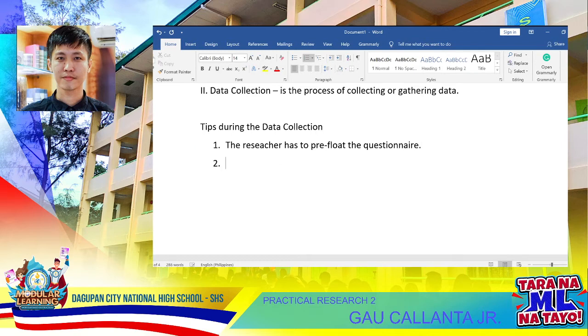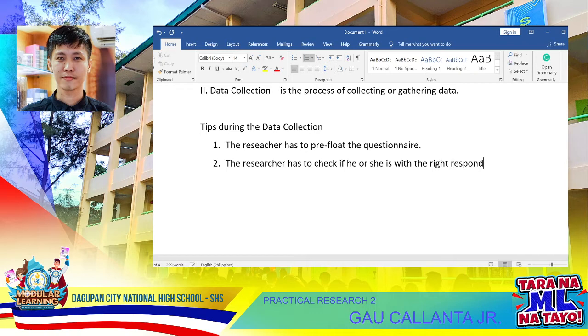But before you float your questionnaire again, you have to pre-float and integrate the corrections or improvements. And number two, before you start the distribution, the researcher has to check if he or she is with the right respondents.